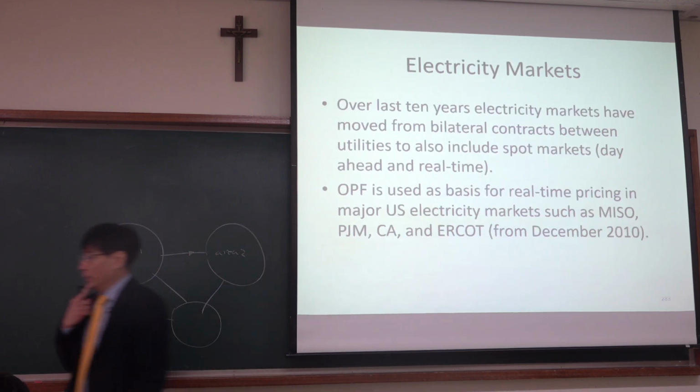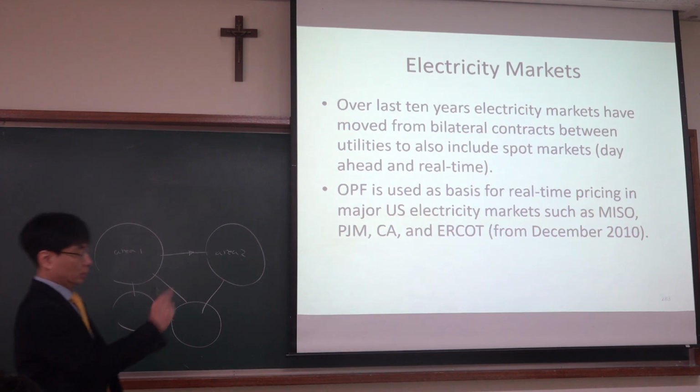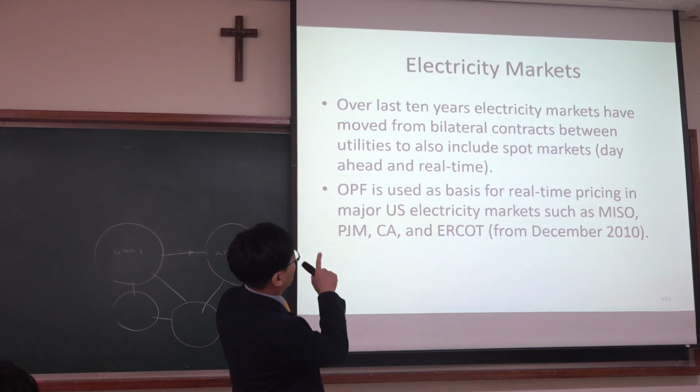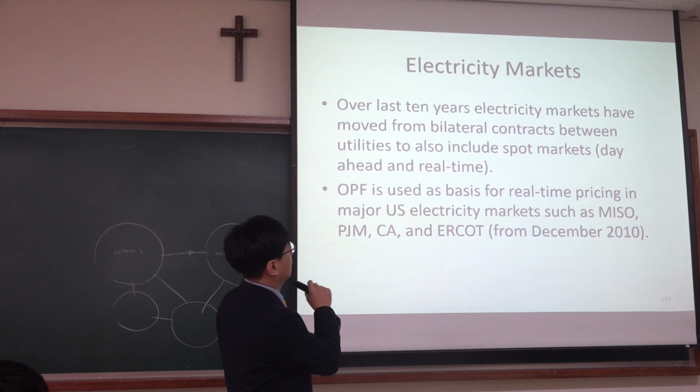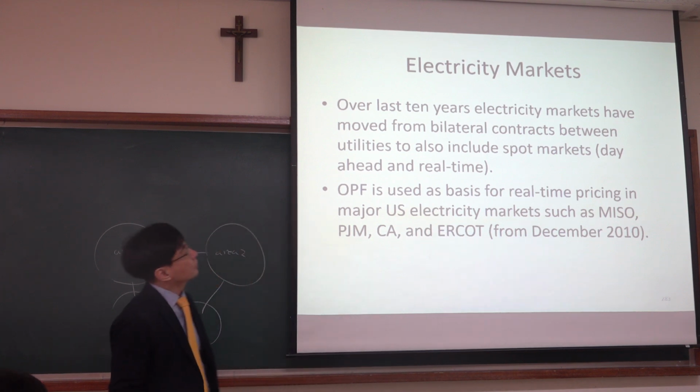Electricity market. We talked about this a lot last semester. Over the last 10 years, electricity markets have moved from bilateral contracts between utilities to also include spot markets, the real-time market.